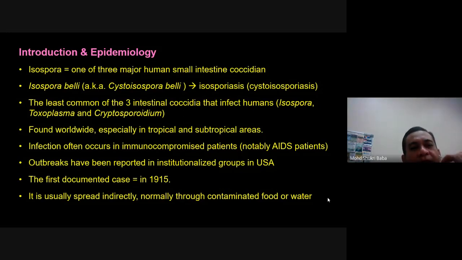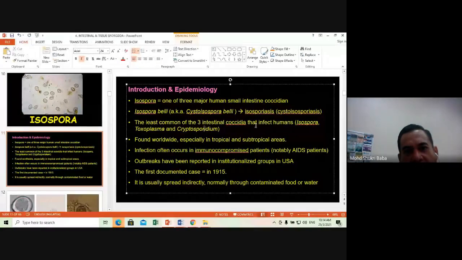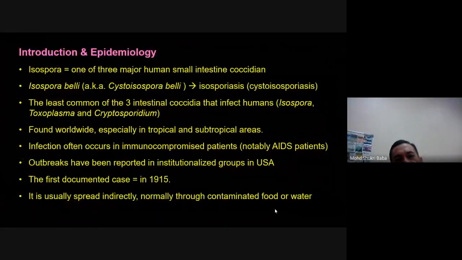Okay, the least common of three intestinal coccidia that infect human. So three intestinal coccidian yang biasa terdapat pada human adalah Isospora, Toxoplasma dan Cryptosporidium. Cryptosporidium kita dah sentuh tadi.